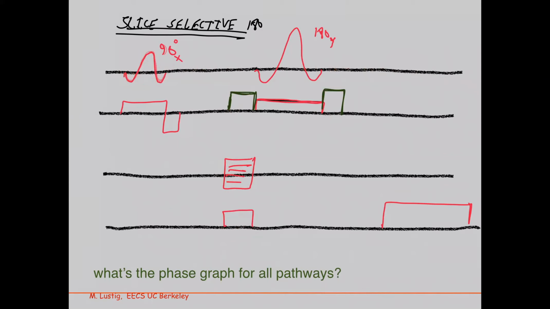And then we'll also track the phase graph of the parasitic excitation that happens here, what kind of phase it is going to have. All right, so let's do that. And we're going to change this into blue, because it's going to be a blue phase graph for whatever has been parasitically excited.